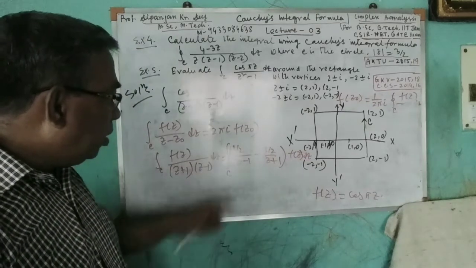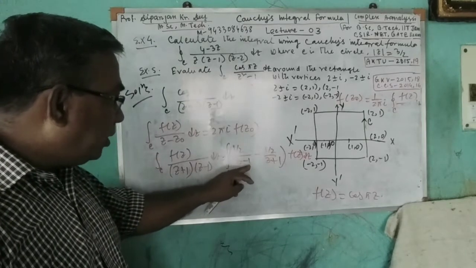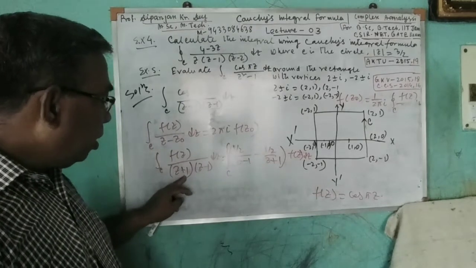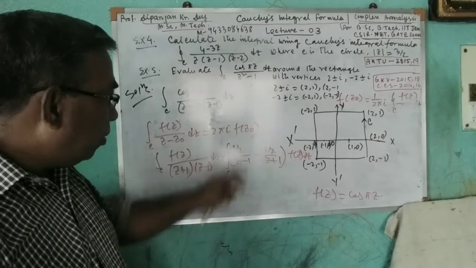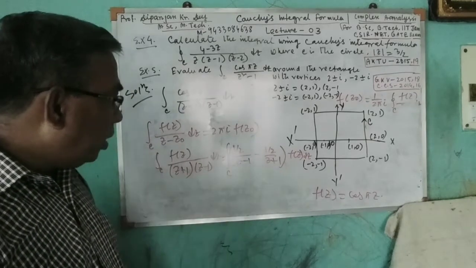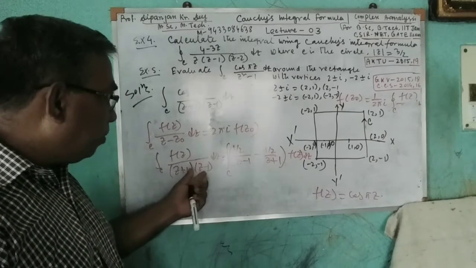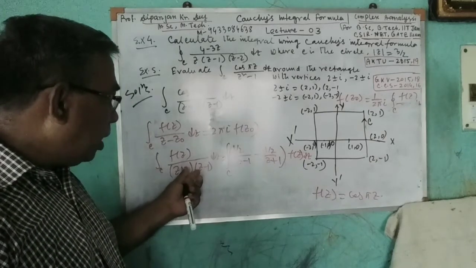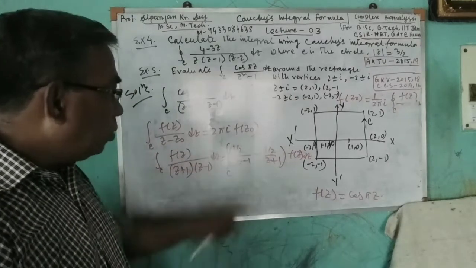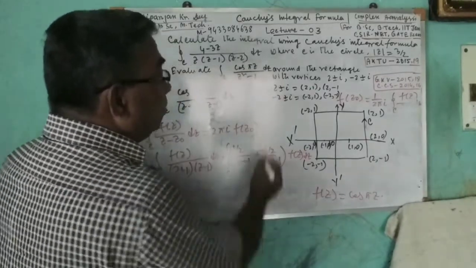When z minus 1 is equal to 0, that is z equal to 1, you put 1 by (z plus 1), so 1 by 2 is coming here. When z plus 1 is 0, that is z equal to minus 1, you put 1 by (z minus 1), that is minus 1 by 2. So it is minus 1 by 2.